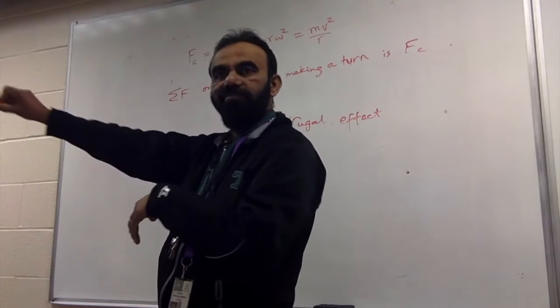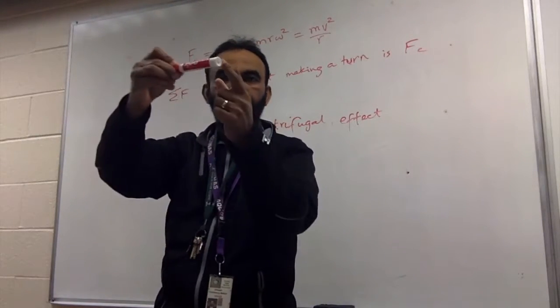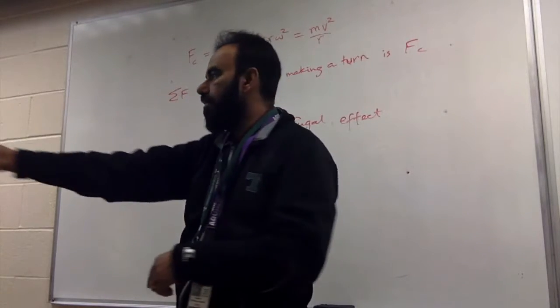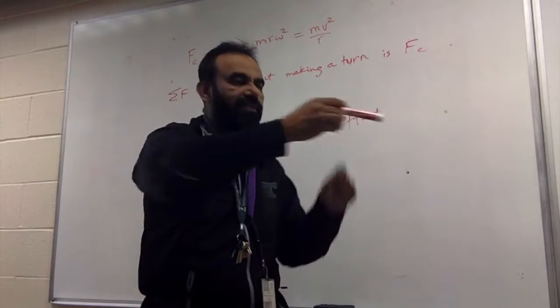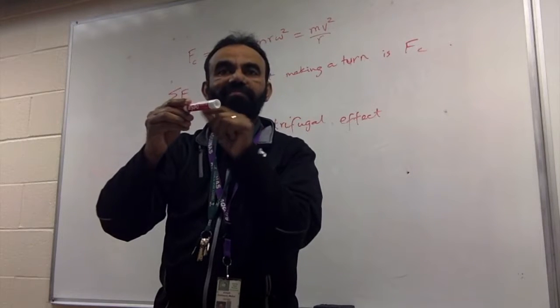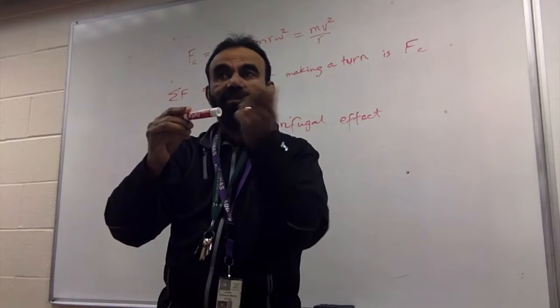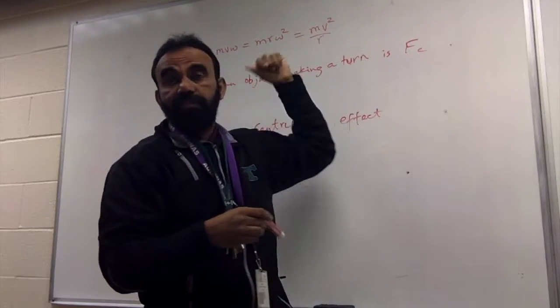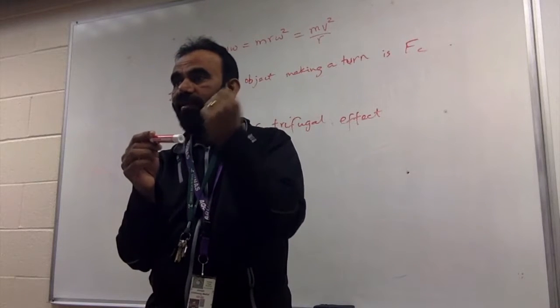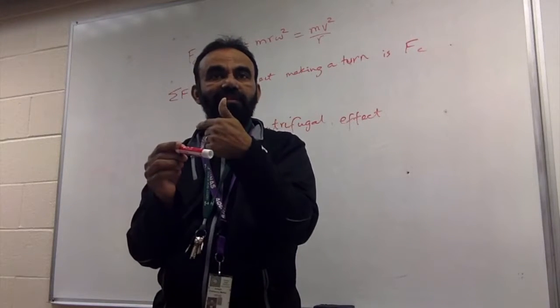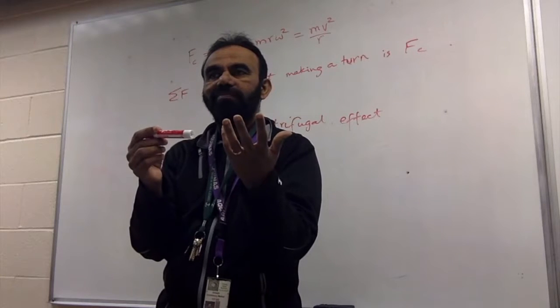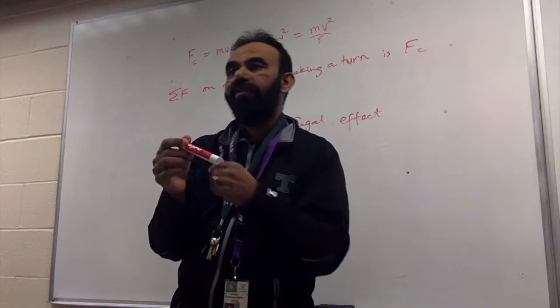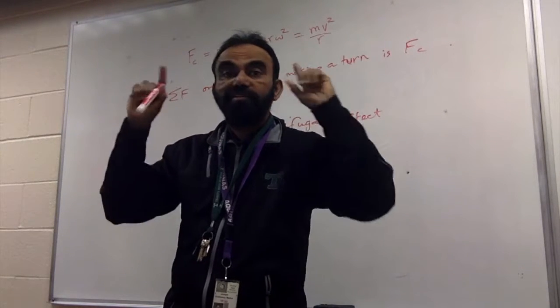This is the bottom of the test tube. The heavier particles need more centripetal force, right, to be kept in the same path. And because it's a fluid, it's free to move to the outside because of the centrifugal action.